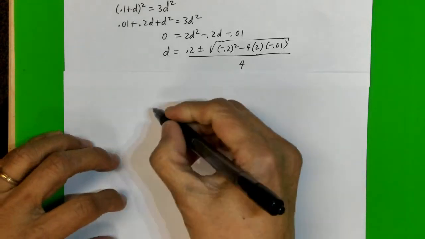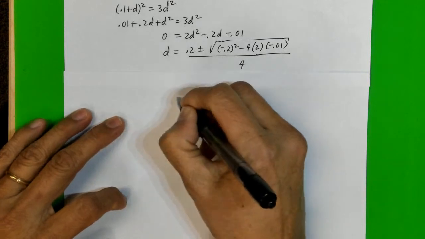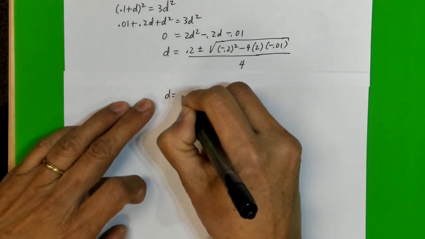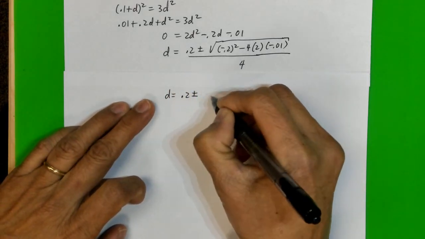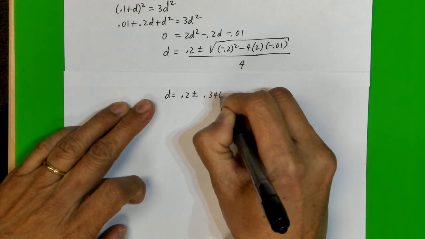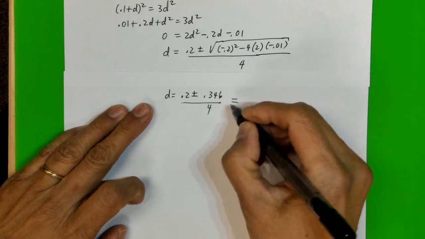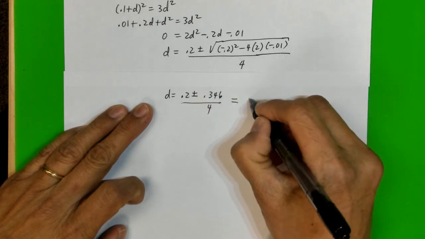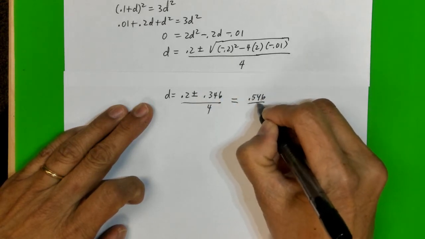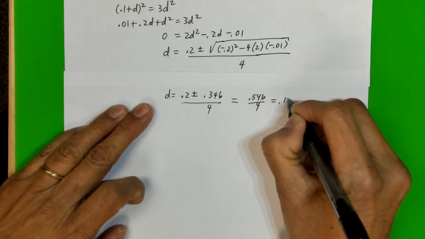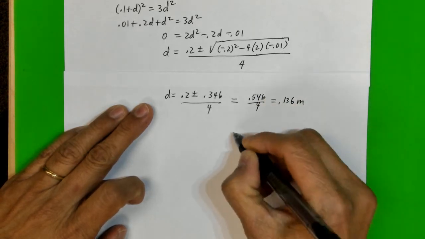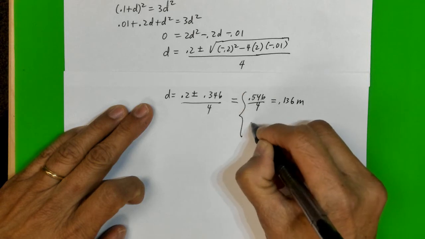And when you stick it into your calculator, you get d equals 0.2 plus minus 0.346 over 4. And there are two solutions here. So if I look at the plus, I will get 0.546 over 4, which is 0.136 meters. Or I will get a negative number.